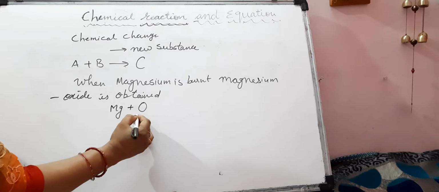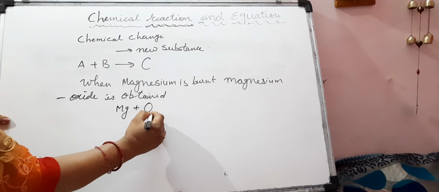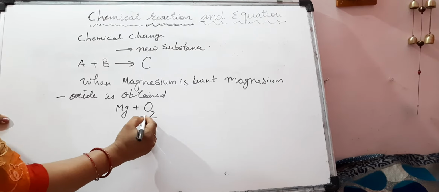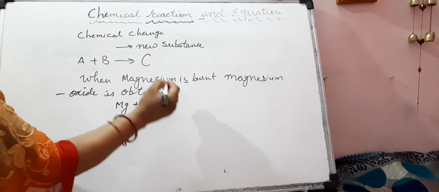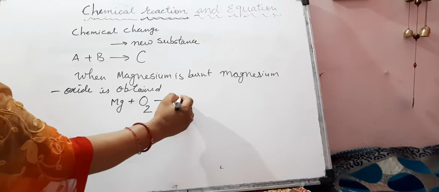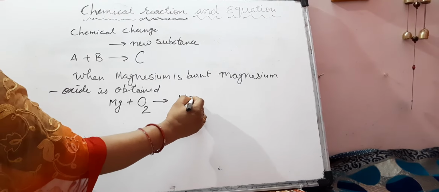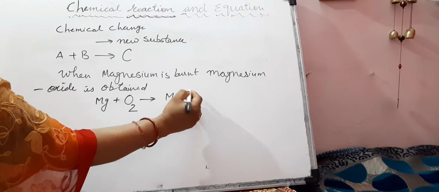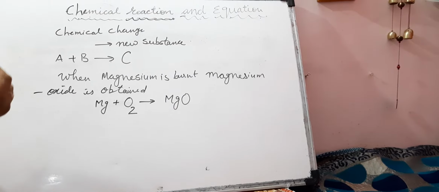So I am writing the formula of oxygen, that is O2, and as the description is saying that magnesium oxide is obtained, so we are writing the formula of magnesium oxide, that is MgO.